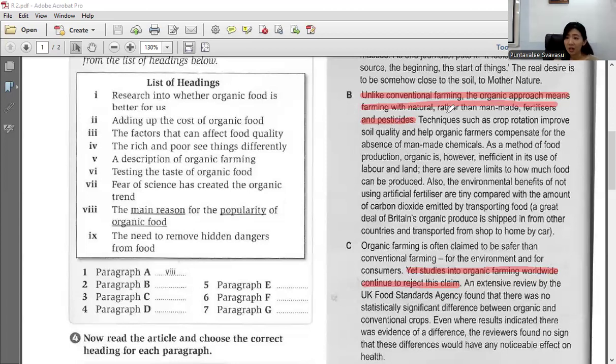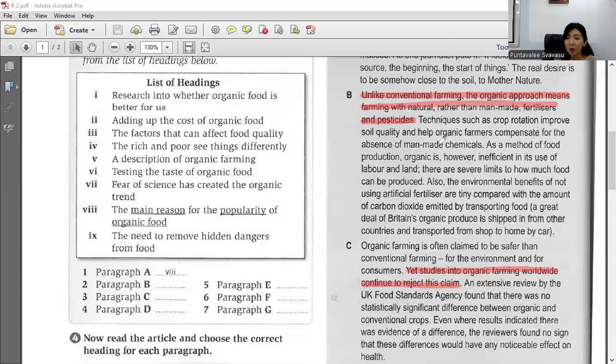So here, what they say is that organic approach means farming with natural inputs, not pesticides, not fertilizers. They are trying to say what organic farming is, where approach means farming.